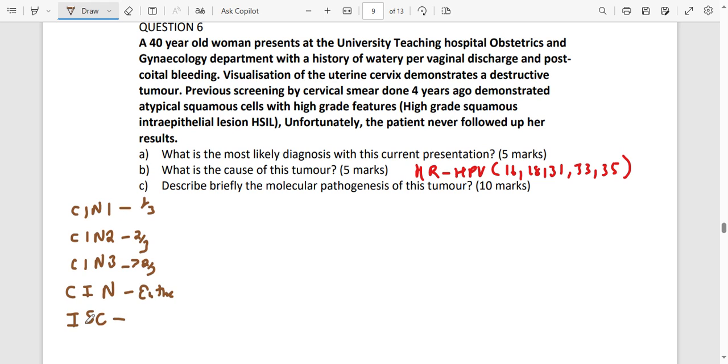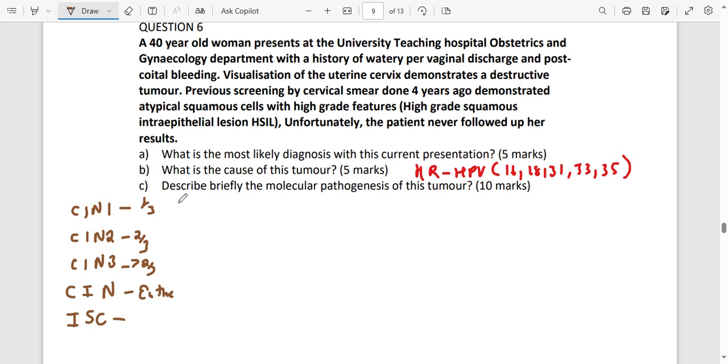And for the invasive squamous cell carcinoma of the cervix, please be specific about the cervix, because if you just say invasive squamous cell carcinoma, it may be of the breast or something else. This is where there is now movement. The cells are penetrating through the basement membrane and going to other parts of the body.